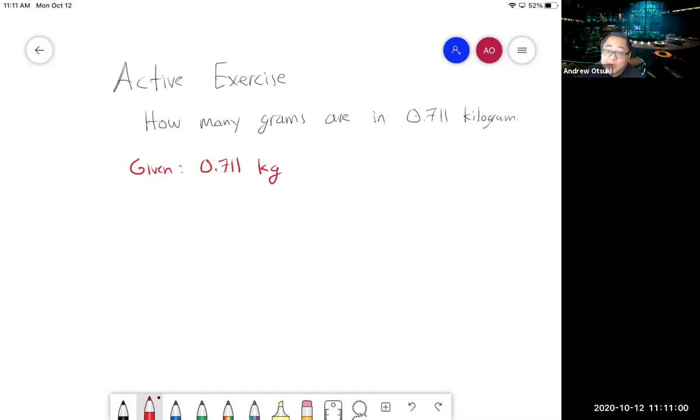I'm just going to write it as the symbol, kg. So this is a metric mass unit, and what we want is metric mass units, the grams.